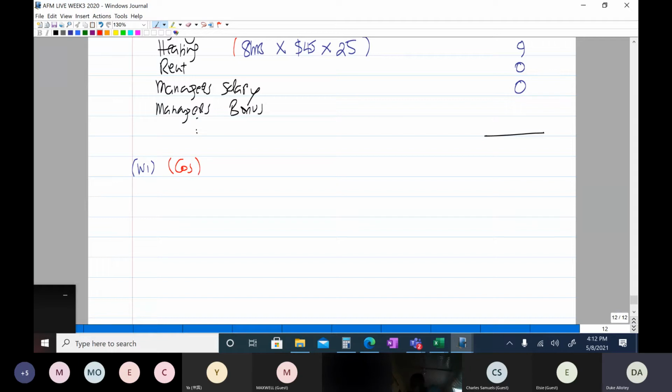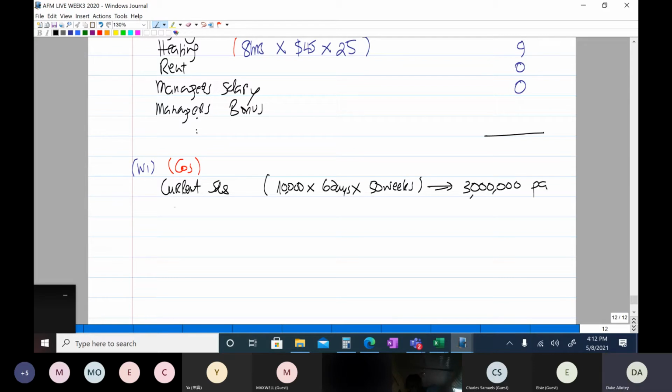Now I'll start by looking at the current sales. So the current sales, I'm told, is 10,000 a day. I have 6 days. I have 50 weeks. That brings me to 3 million, I think.